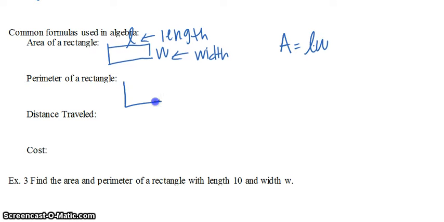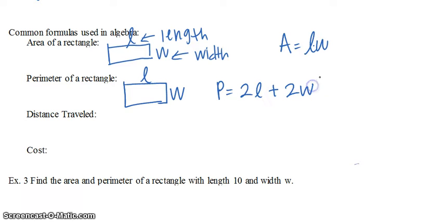Now, for the perimeter of a rectangle, again, we still have the L for length and W for width. Perimeter equals 2 times L plus 2 times W. The reason why is, if you look at them, you have 2 L's right here and 2 W's, and you have to add all the sides.